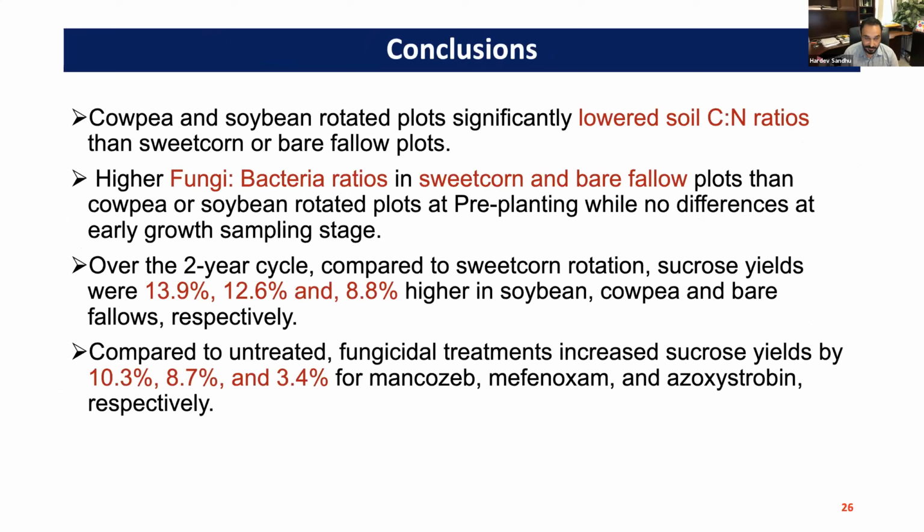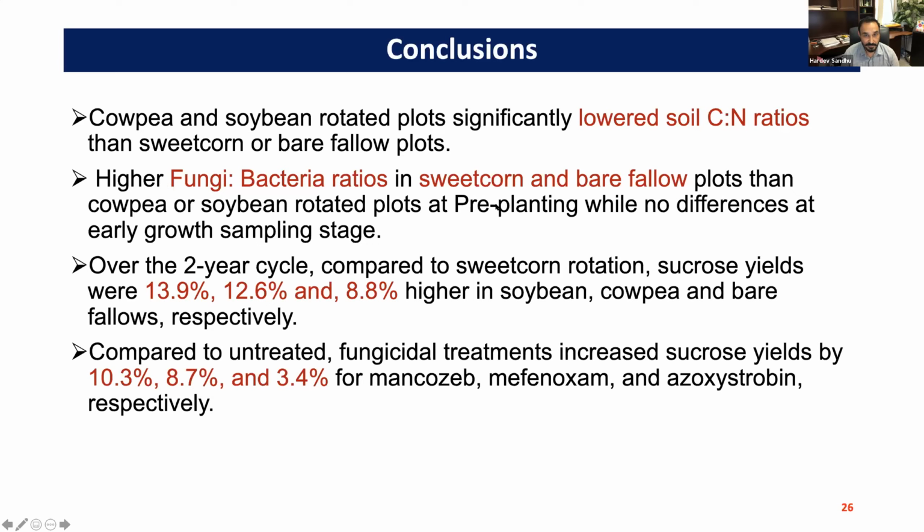And that's important because in our muck soils, or organic soils, we don't apply any nitrogen. We are dependent on nitrogen mineralization from the organic matter, because these soils have more than 70 to 75% organic matter. If the nitrogen supply goes down because of a higher C:N ratio, that can affect the following crop.